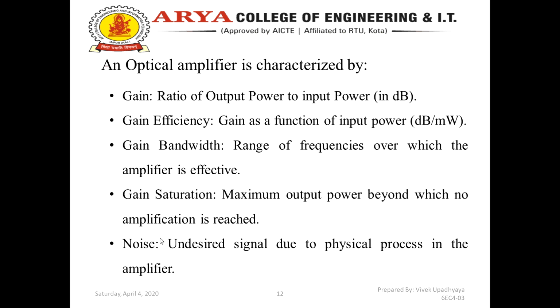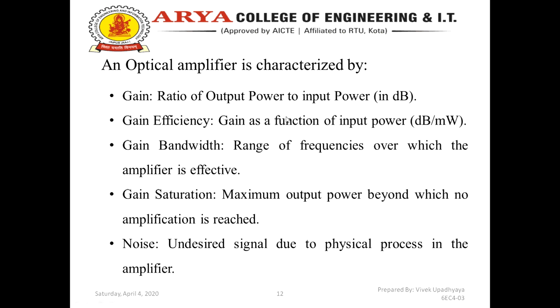After that, an optical amplifier is characterized by some parameters, which are the gain, gain efficiency, gain bandwidth, gain saturation, and the noise. As we see, the gain is the ratio of the output power to the input power. It is in dB.